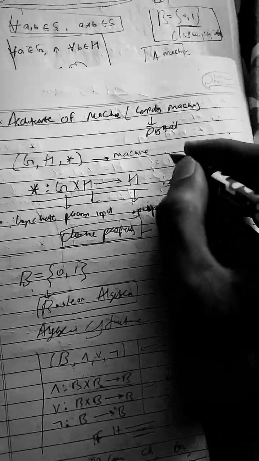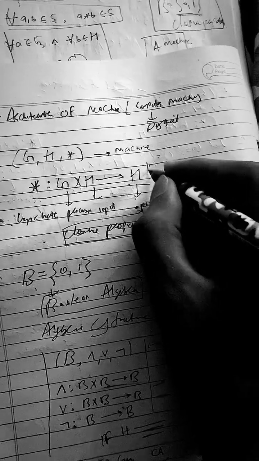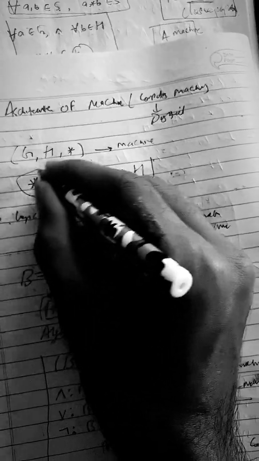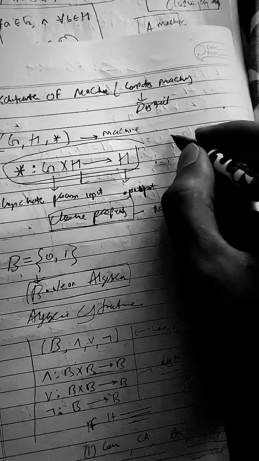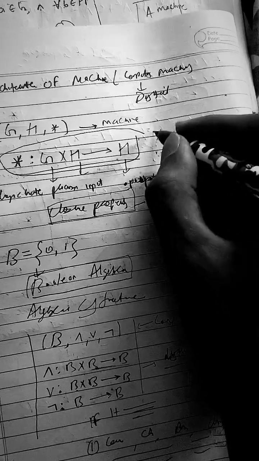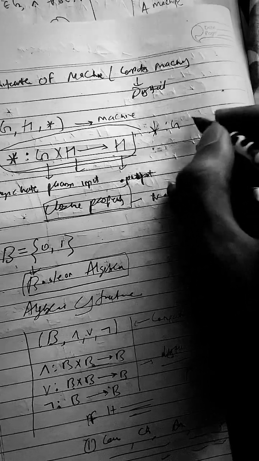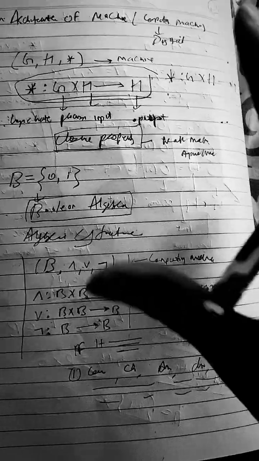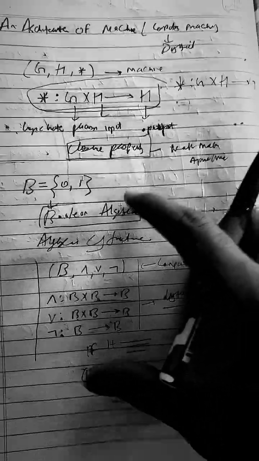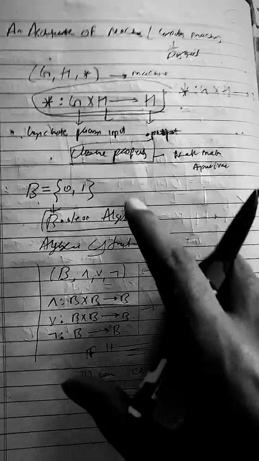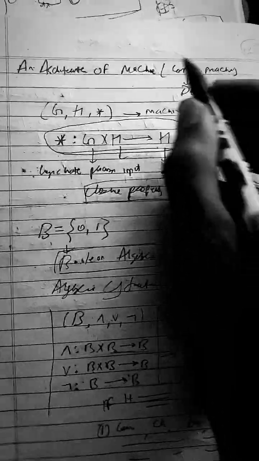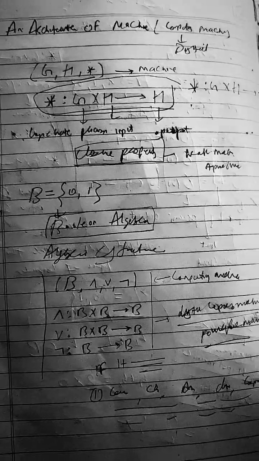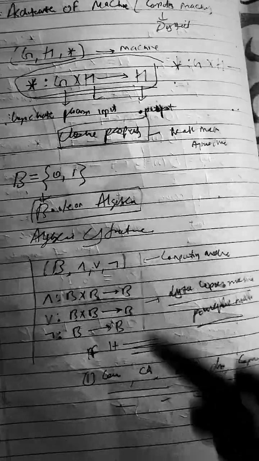Now we said, what happens when we do not impose this structure and we impose this one, G cross H to G? But before that, let me clarify one thing. Why am I talking about this machine, input, process and output? Because I think this kind of structure is important. We have to know these things.